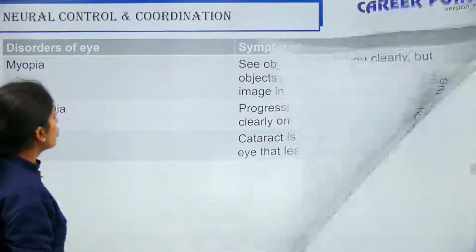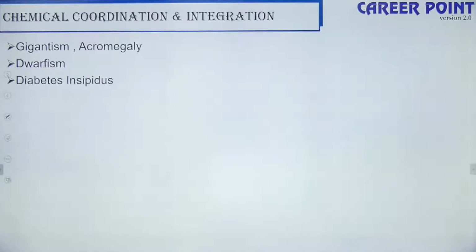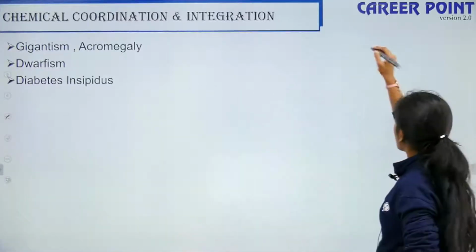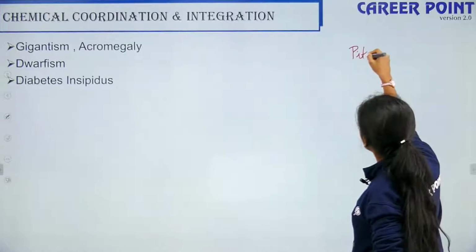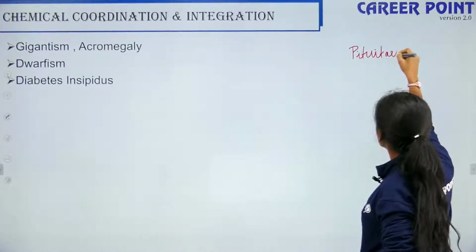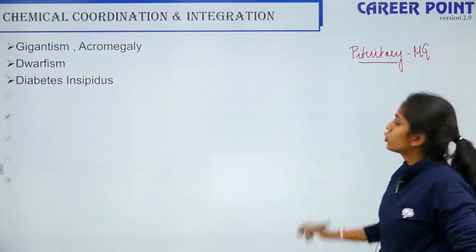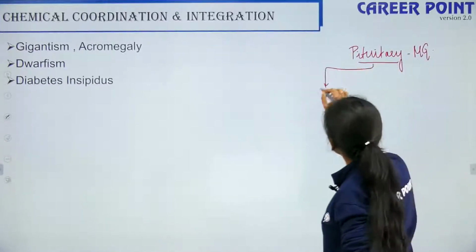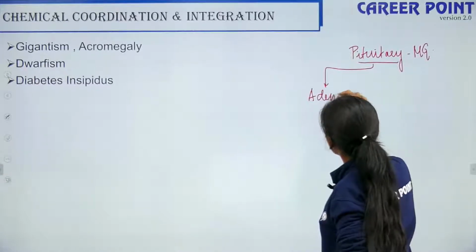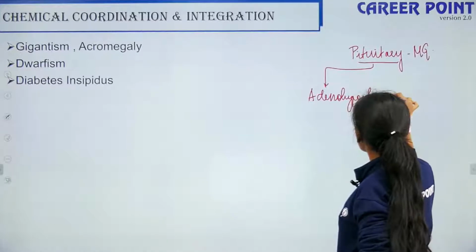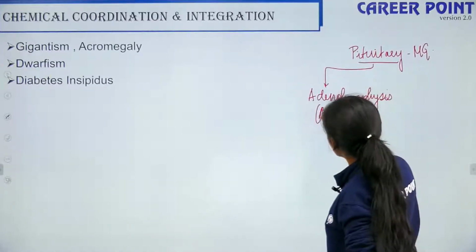All right. So moving forward to the next one, chemical coordination and integration. So what are the disorders here? First we spoke about your pituitary gland, right? We spoke about your hypothalamus, but pituitary is your master gland. So we'll start from pituitary. Pituitary has adenohypophysis, which is your anterior pituitary.